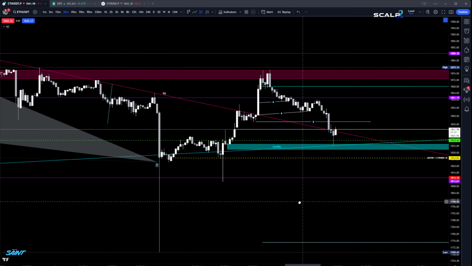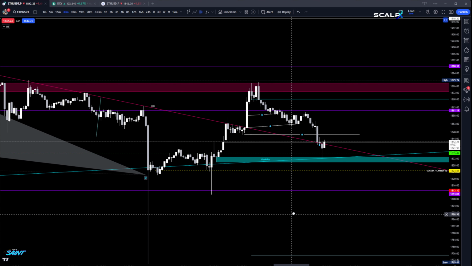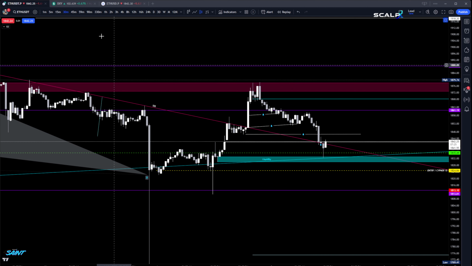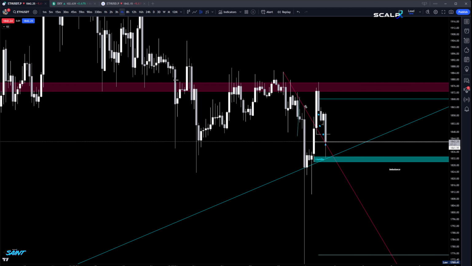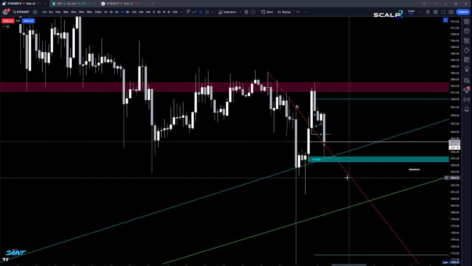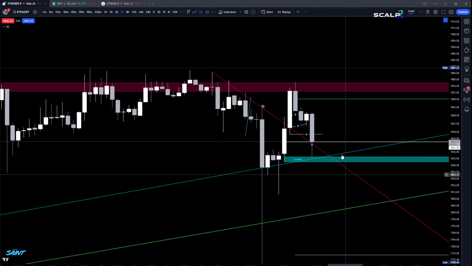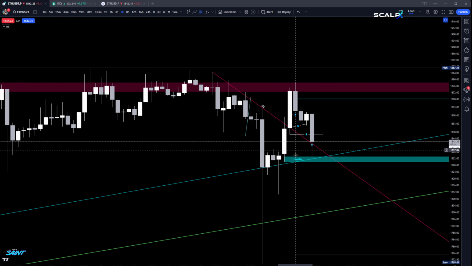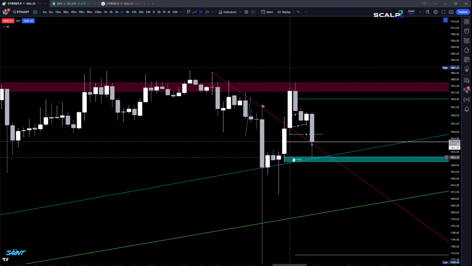What I was saying before was when we're looking for these liquidity pools, you can start off with a 4 hour or go higher. But once you start going higher, you want to work your way down because you'll find stronger entries, like more refined liquidity pools, if you will.